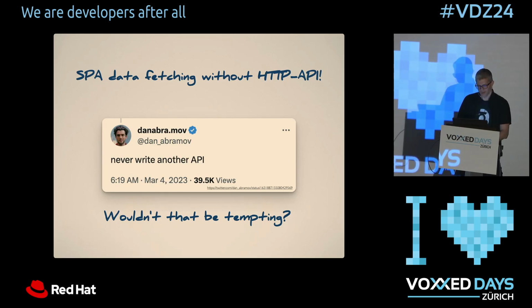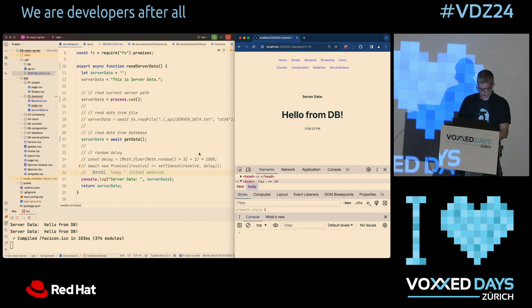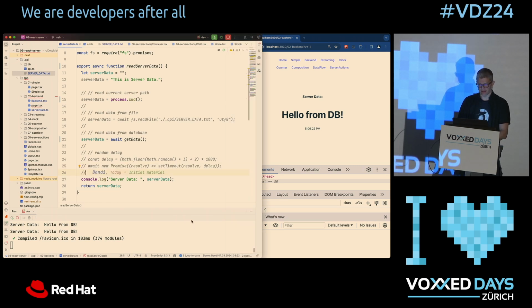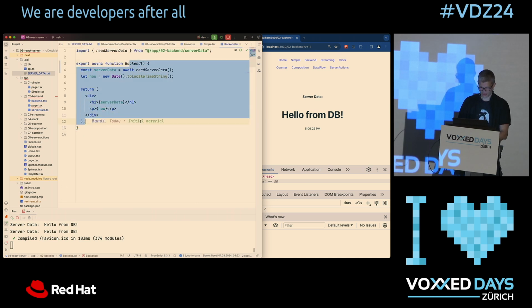So this can be tempting, I think. Let's investigate a little bit further. What if we would do that if the request is actually a bit slower? So I introduce a random delay here, which takes a while until my read server data actually returns some data to my client, to my component.